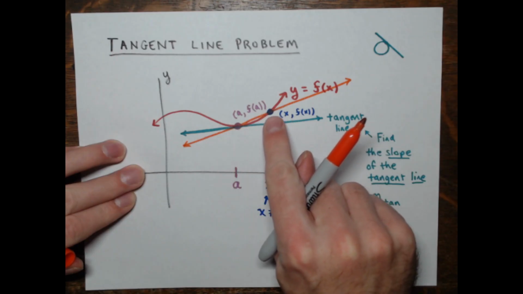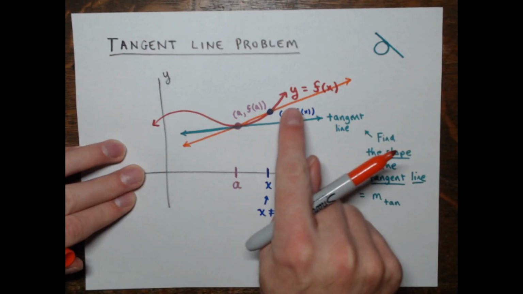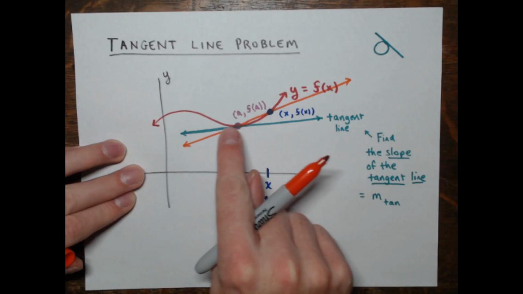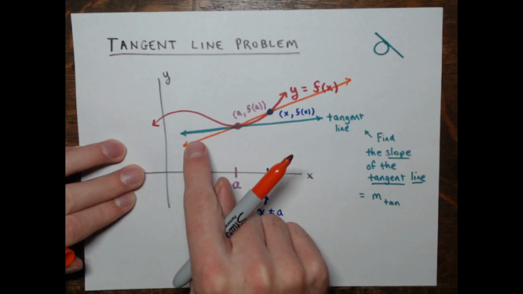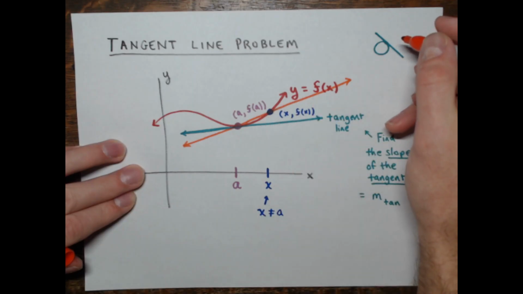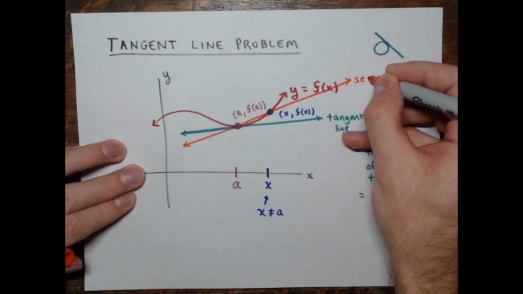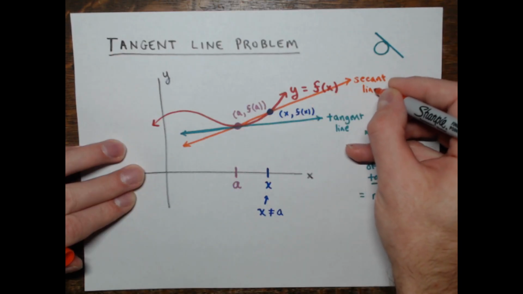Now this line that is cutting through the curve does not point in the direction the curve is going in at the moment. So it's not a tangent line. If it's cutting through a curve, it's referred to as a secant line. It cuts through 2 points, so secant line.